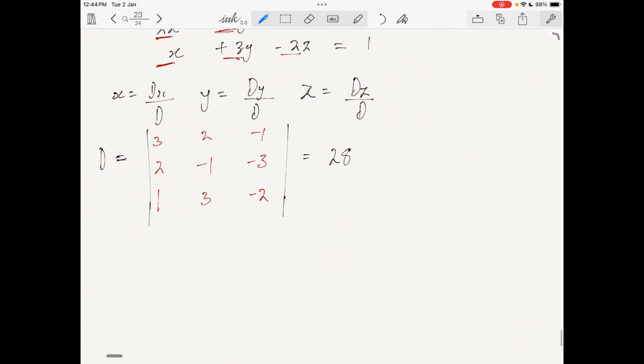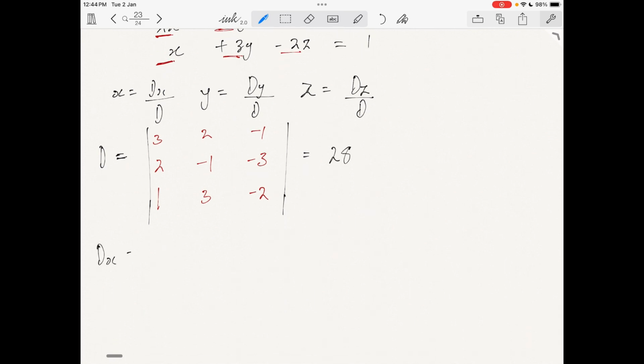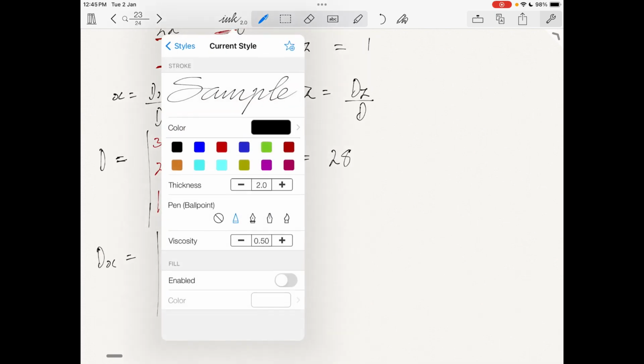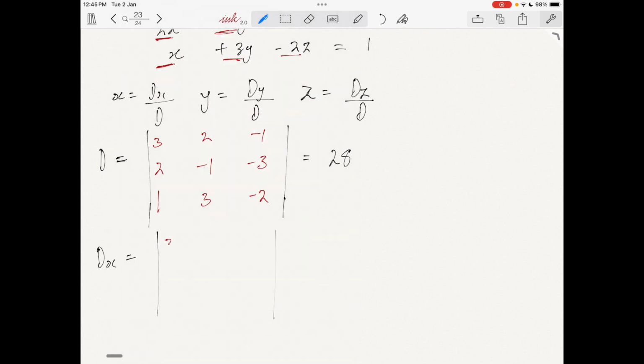Now our dx. Let's write it again: 3, 2, minus 1, 2, minus 1, minus 3, 1, 3, minus 2.